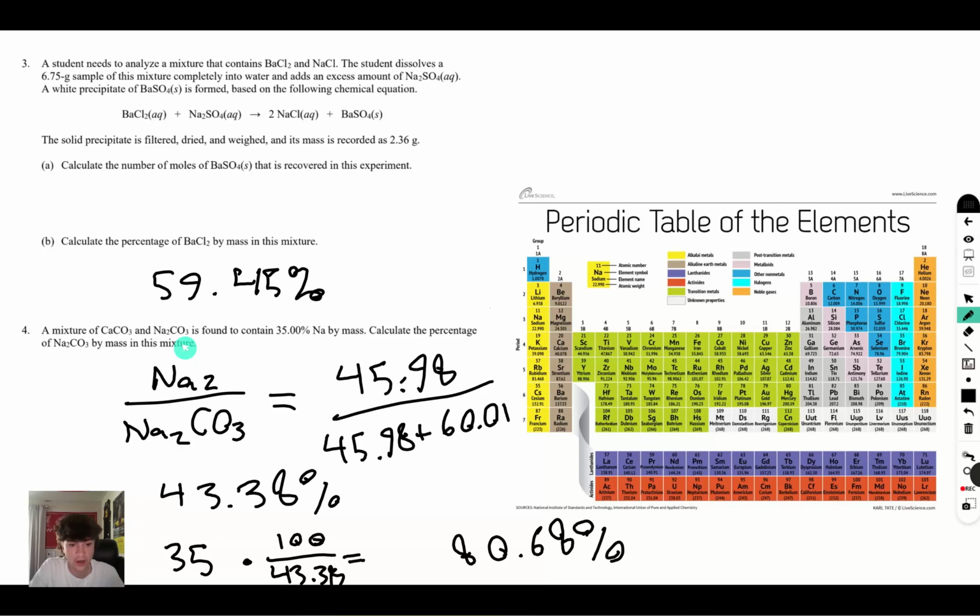So therefore, it would make sense that since it is a little less than half, the percentage of the entire molecule would be a little more than double. See, if you were to double 35, you get 70, and 80.68 is just going to be a little bit more than that. So yeah, there's a good explanation if you were struggling thinking about that logically.